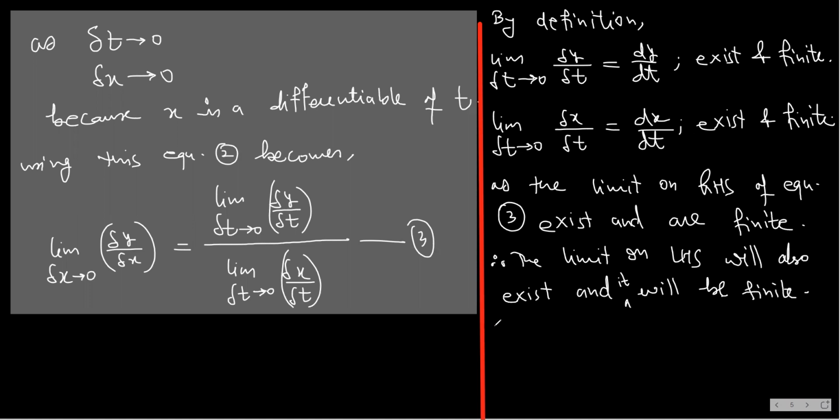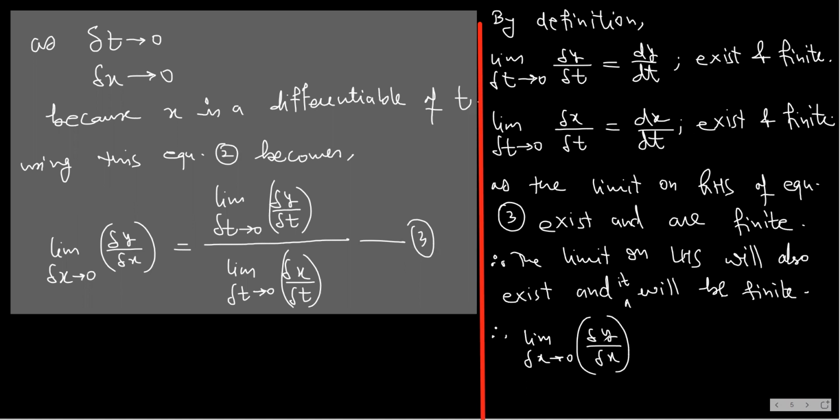So what will happen? Therefore, this thing you can write, see here, what you will write, check what you have there. You have limit delta x tending to 0. Try to understand, students. You have limit delta x tending to 0, delta y by delta x.